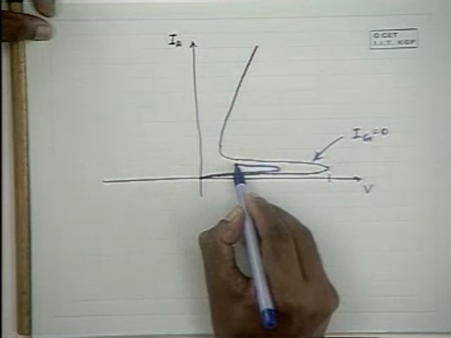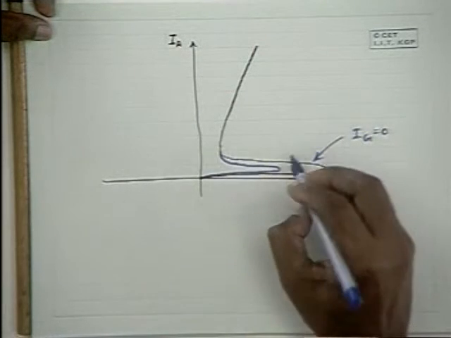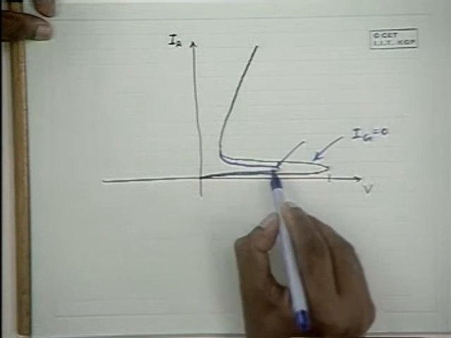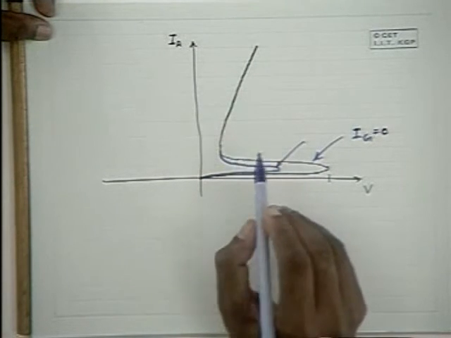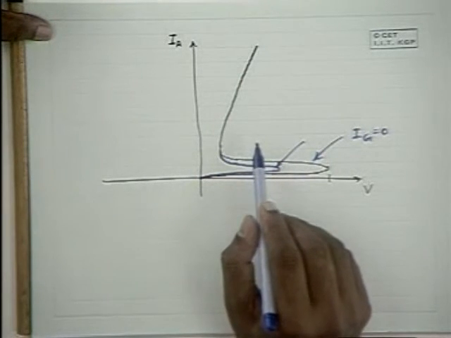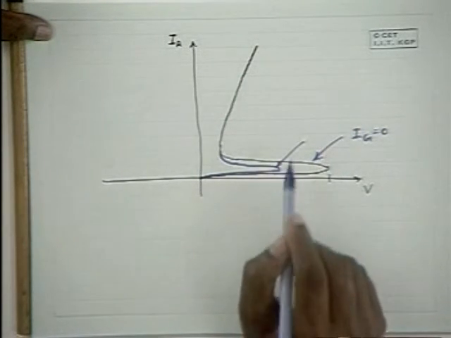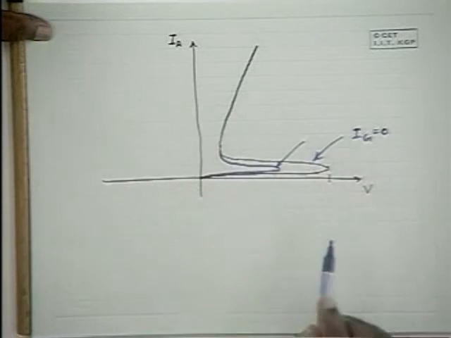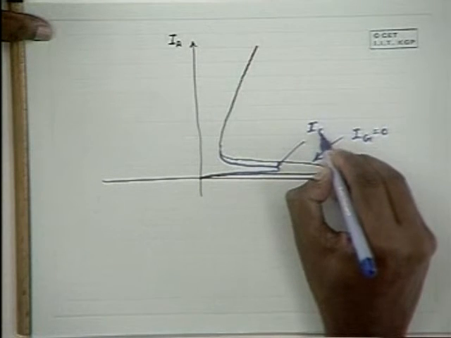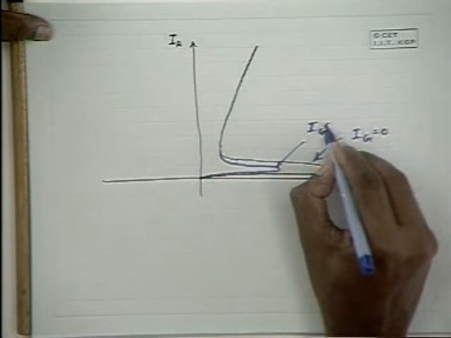With a small amount of positive potential itself, the device conducts, and both the equivalent transistors are turned on, and this is the characteristic that is obtained. This is for, let us say, Ig equal to Ig1.